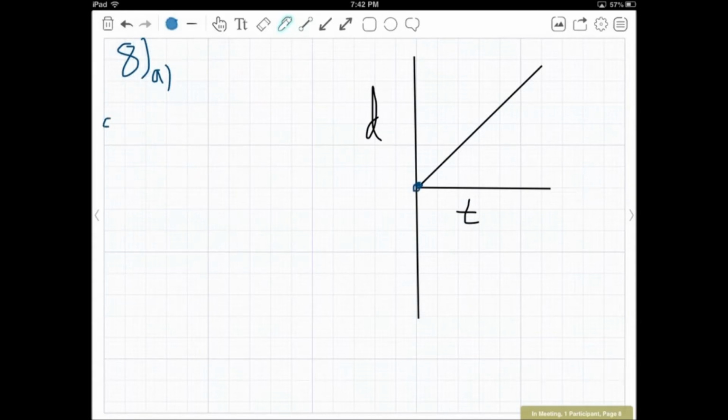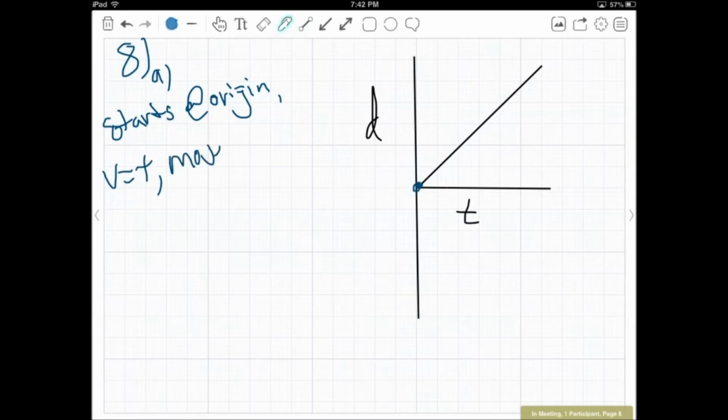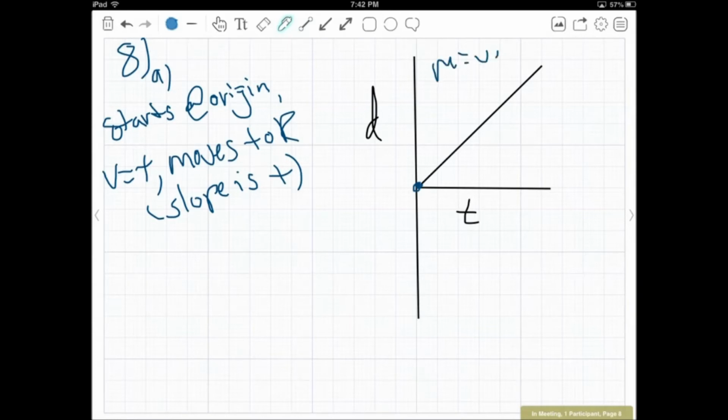It starts at the origin, because its first distance value is at the origin. Okay, this should sound familiar. It also has a positive velocity. In other words, it moves to the right because its slope is positive. Remember, slope on a distance versus time graph is velocity.